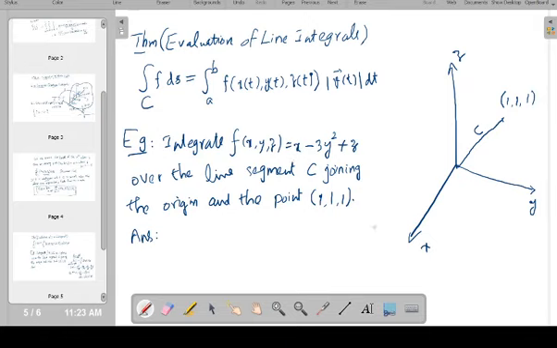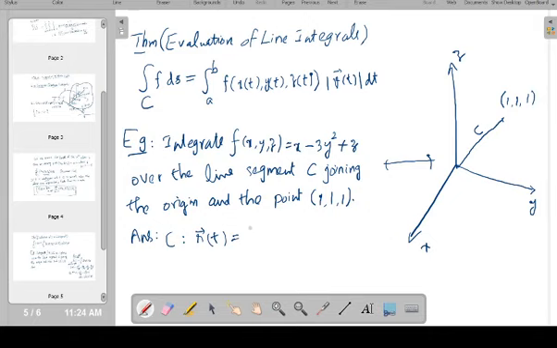Okay. Now the first step to find this integral is we parameterize this line segment. So this is the parameter interval. So how do I parameterize? So C can be parameterized as vector r of t equal to, you know, parameterization of straight lines.